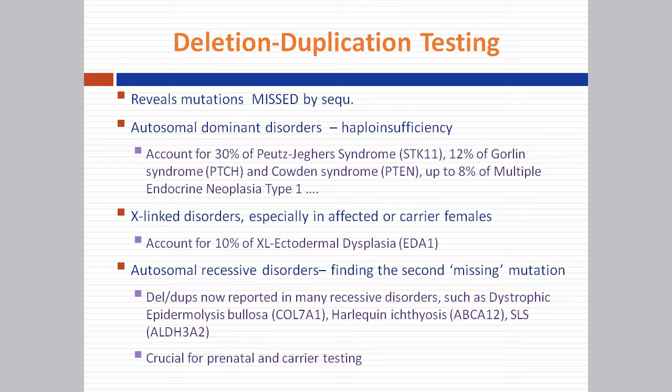Or even in recessive disorders, where you sometimes really find only one disease-causing mutation by sequencing, and you were left with uncertainty, is that it or not? And if you address exon array deletion testing, you might find the second missing mutation, which helps you to do carrier testing in the family or offer prenatal testing.